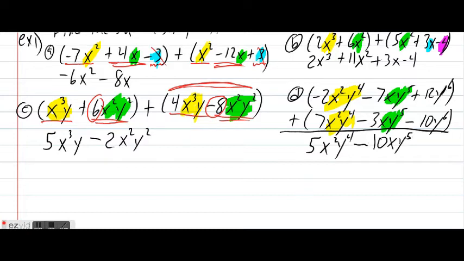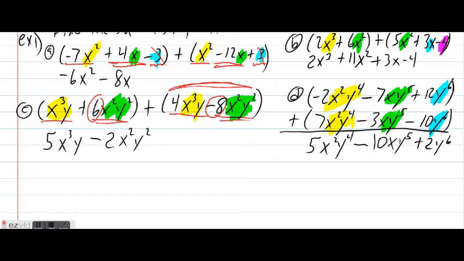And then I have y to the sixth, y to the sixth. 12 minus 10 gives 2y to the sixth. In this case, I'm not worried about standard form, but this is written in standard form.